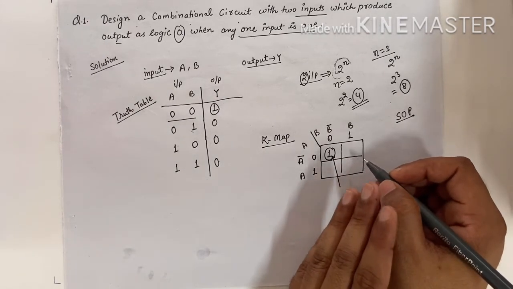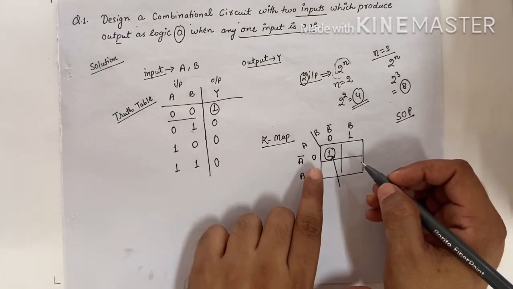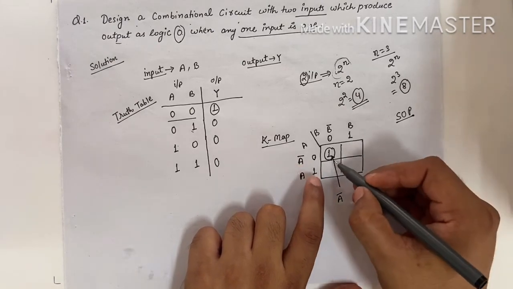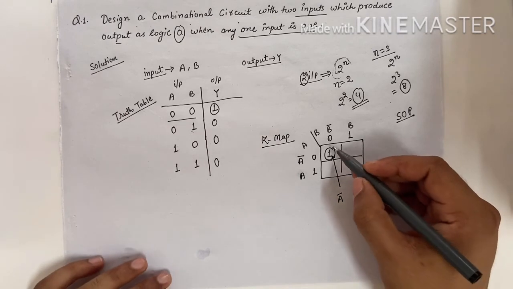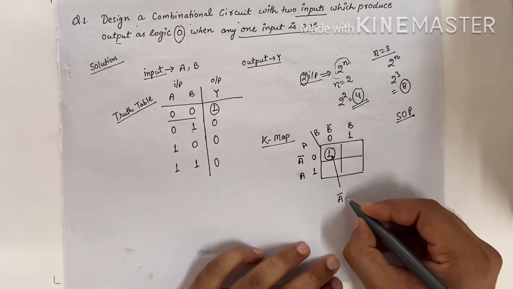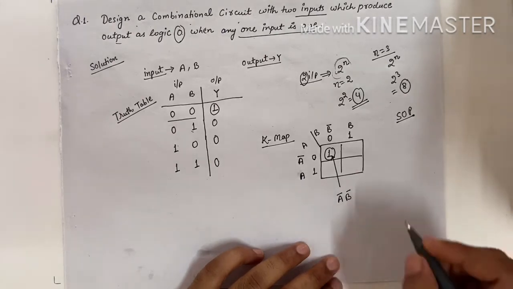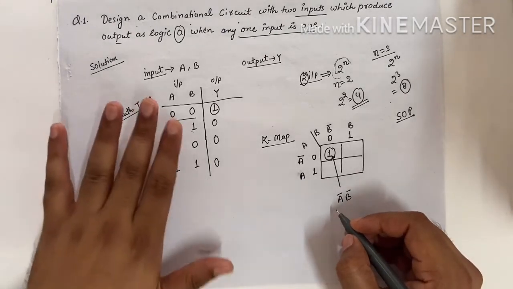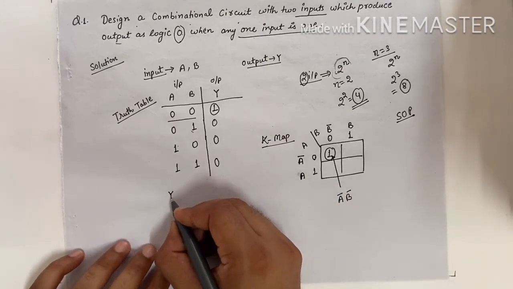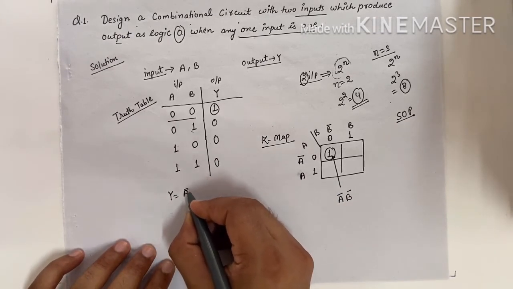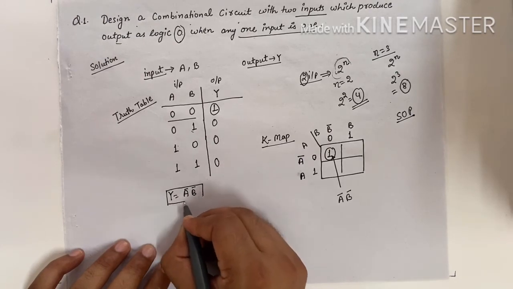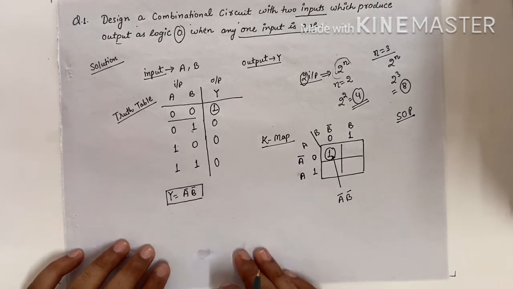On the left we have 0, which means A complement. On the top we can see 0 also, which we write as B complement. This is the Boolean expression of this question. So we have output Y equals A complement B complement. We simplified the expression with the help of K-map.